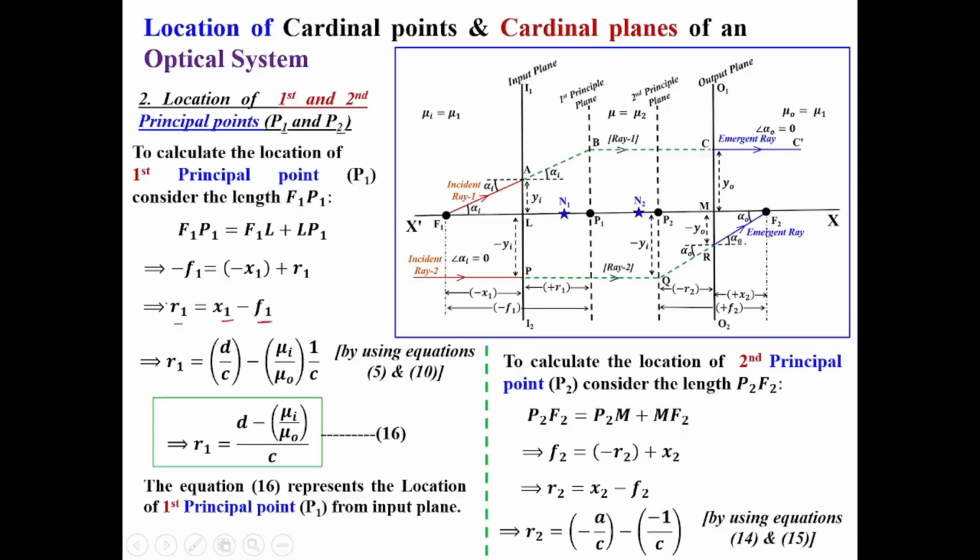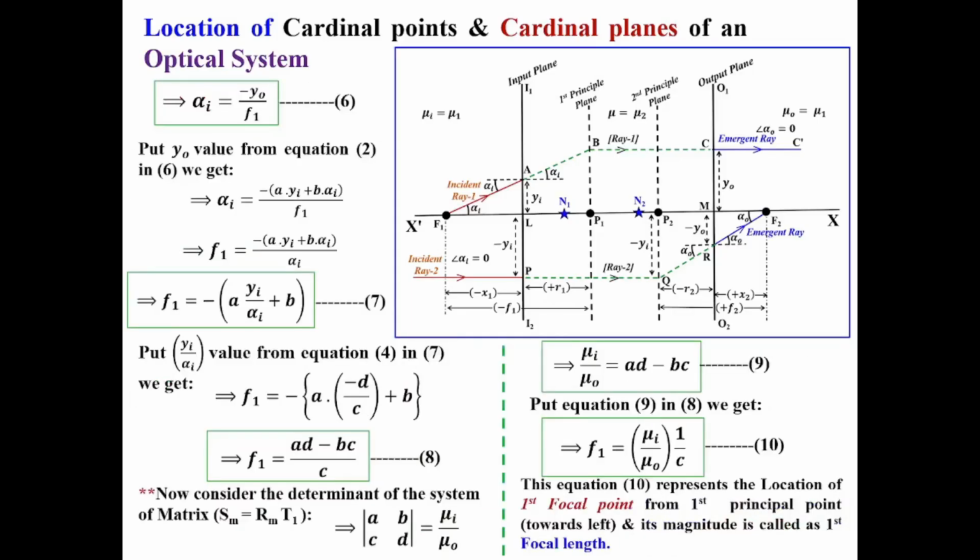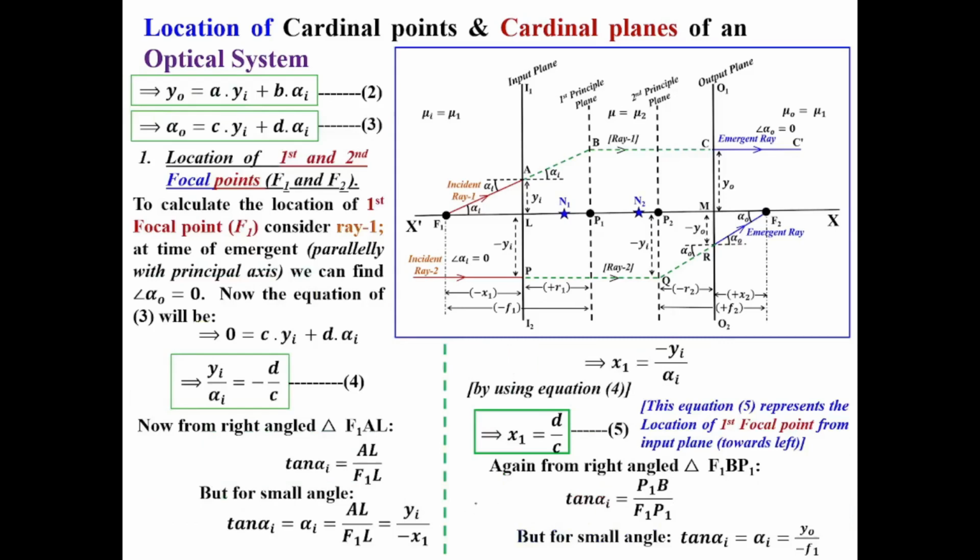That implies R1 equals, instead of x1, d by c, and instead of f1, mu I by mu o into 1 by c. Already we found these values in equations number 5 and 10. In equation number 5, x1 is d by c.